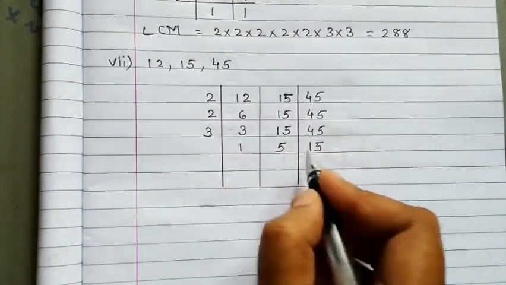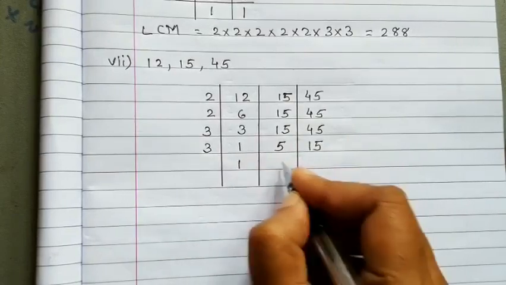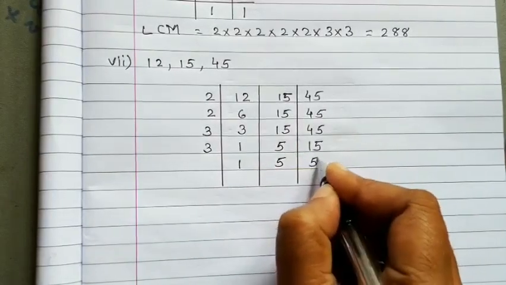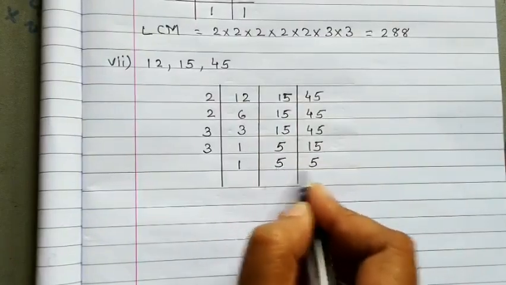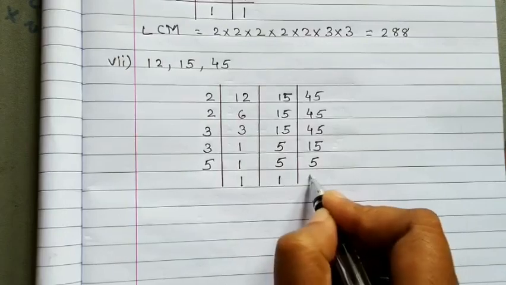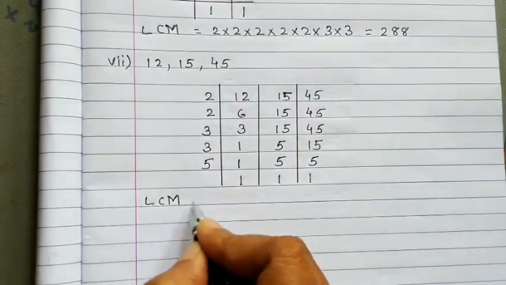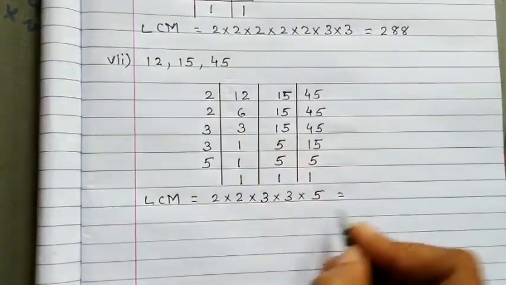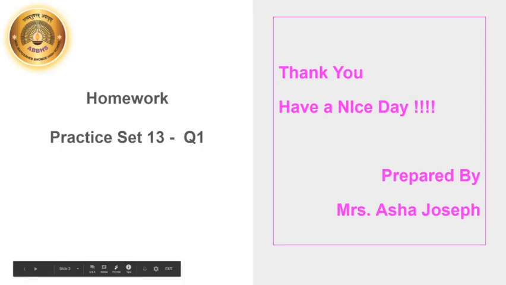Again 15 is divisible by 3, so 3, 5, 5. Now these two are left, divisible by 5, so you get 1, 1, 1. So the LCM is the product of this. The answer is 180.